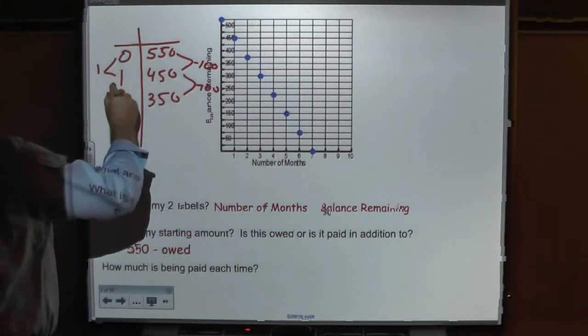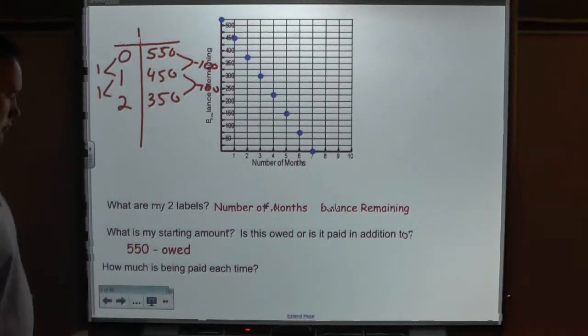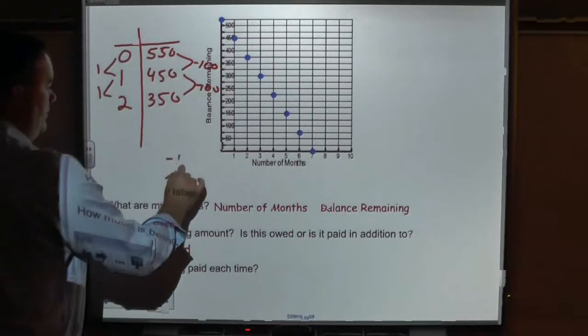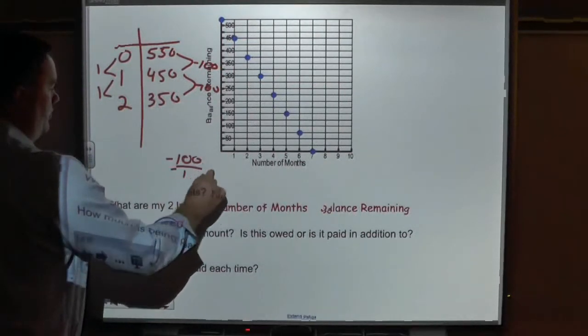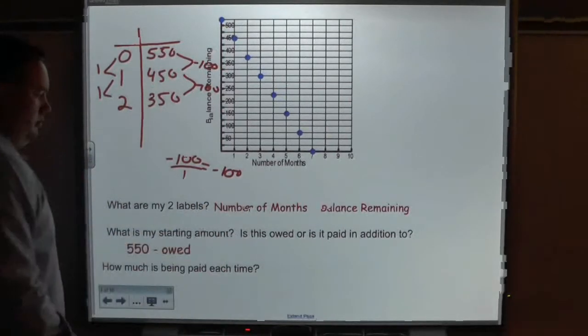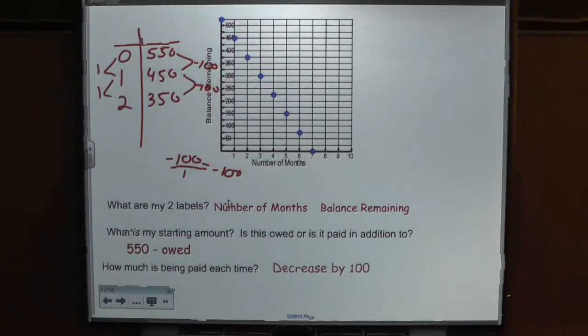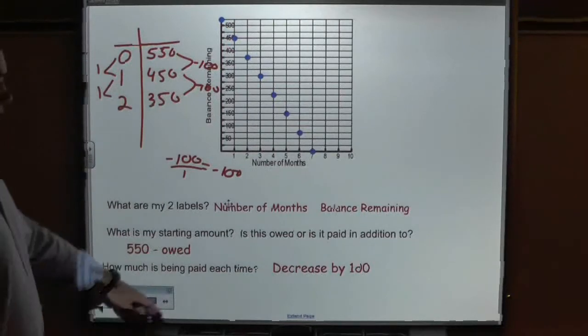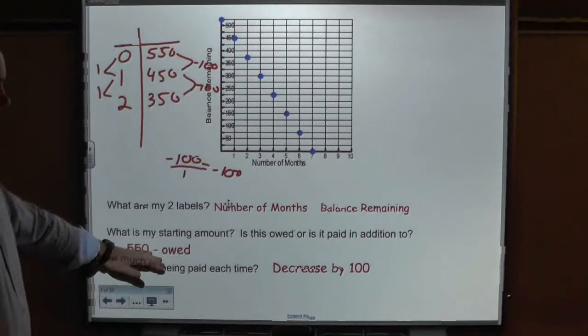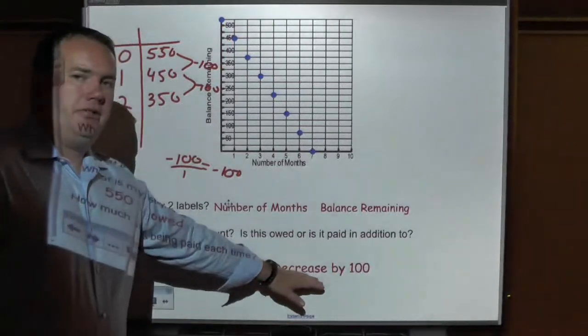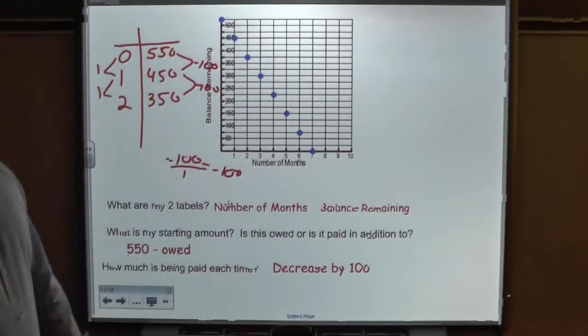The x value is increasing by 1. So if we're looking for how much is being paid each time, negative 100 over 1, which is negative 100. So it's decreasing each time by $100. That's the basic idea. What we know now is the initial value, and we know what it's decreasing by, the rate, and that is your rate of change.